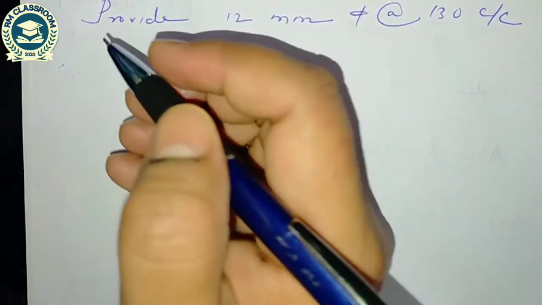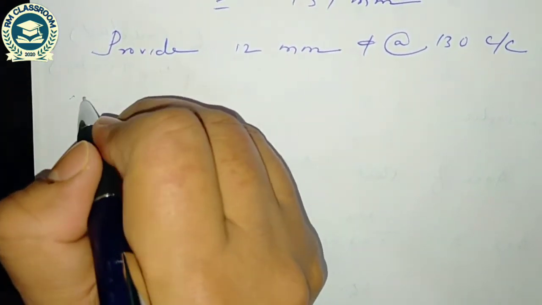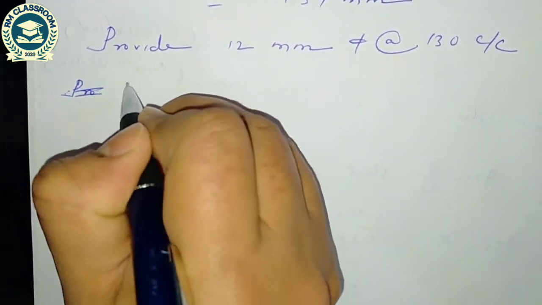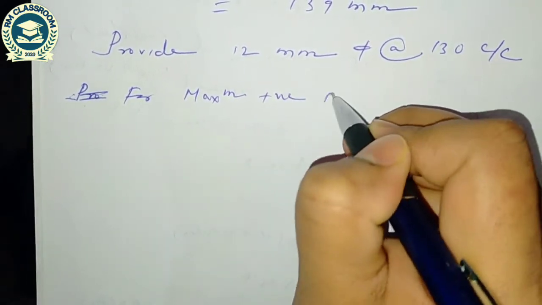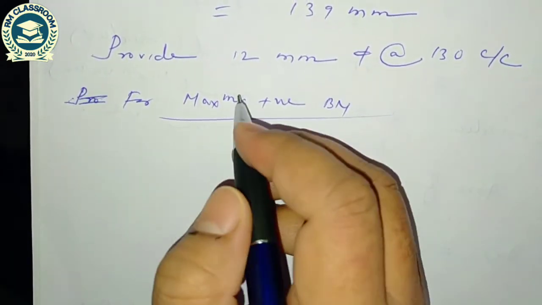Similarly for positive, for maximum positive bending moment, we can compute the area of steel.